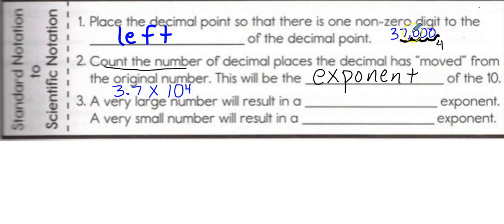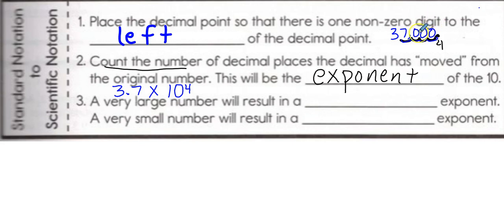Now I want you to notice something here. There are not 4 zeros in this number. I did not just take off the zeros and leave the number that was left. There are only 3 zeros and then one non-zero digit.